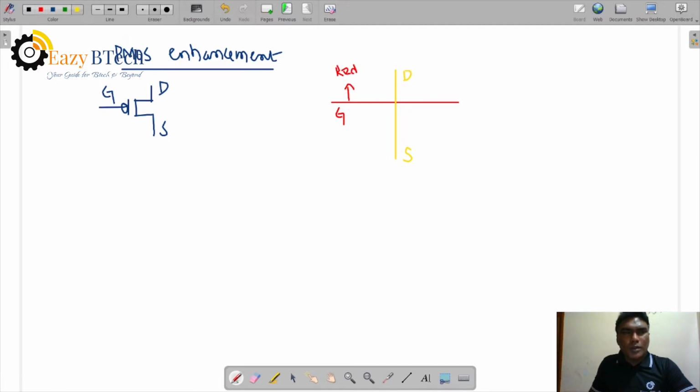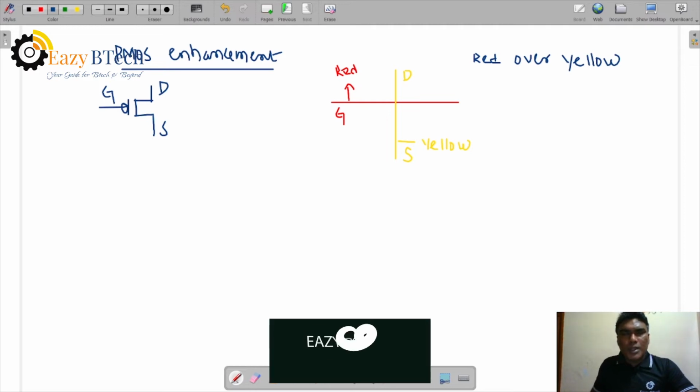Red over yellow is the PMOS enhancement mode transistor. We can write this as red over yellow, PMOS enhancement mode transistor.